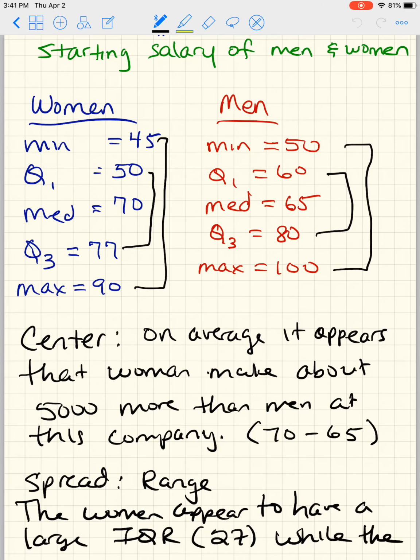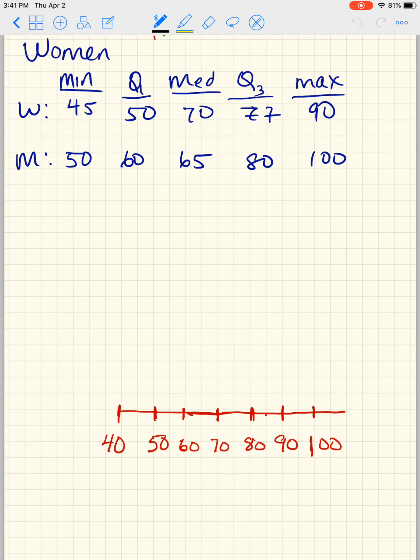So let's see how we're going to construct parallel box plots. I rewrote the numbers over here. And basically, you don't have to start at 0. You can start at any number that you want. Once again, in order to get an idea of what the graph should look like, you should take your highest number and your lowest number, subtract them, and then divide roughly by 5, because you remember that a box plot is a 5-number summary.